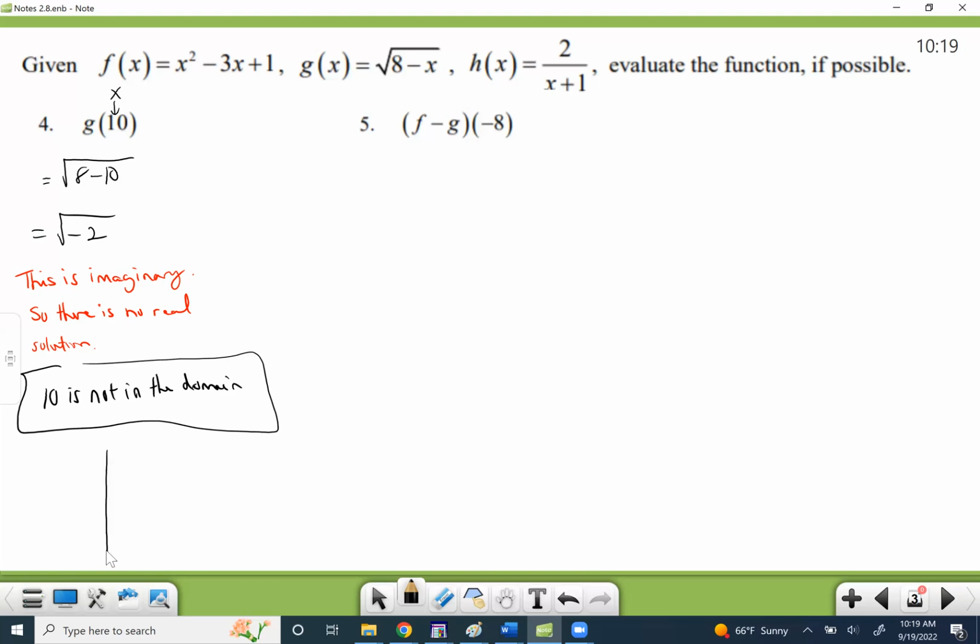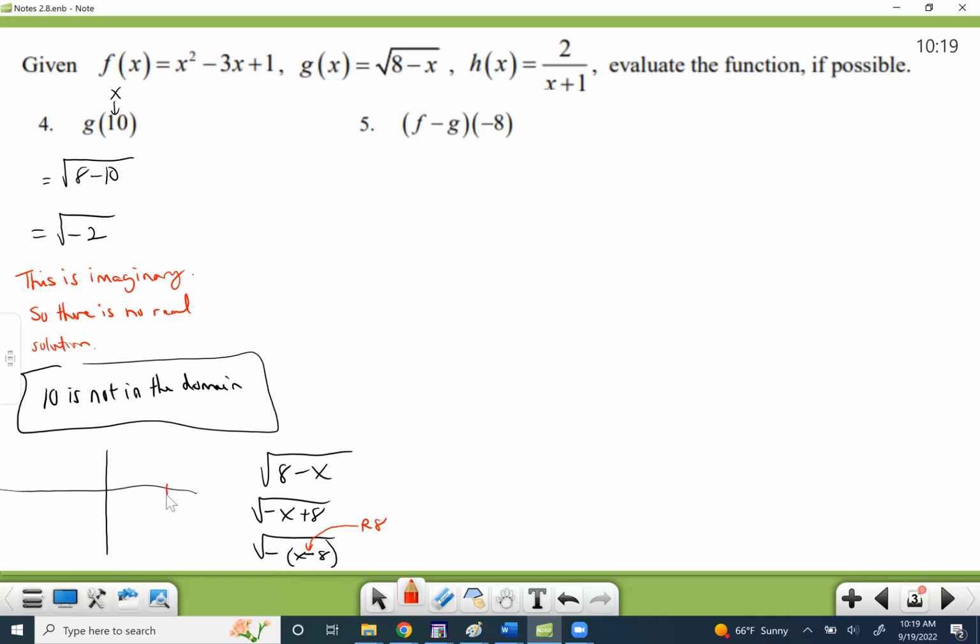The graph of this function, if you were to go online and graph it, well, we actually technically know, okay? If we were to take the square root of 8 minus x and rewrite it as negative x plus 8, and then factor out the negative, we know that this would shift to the right 8 spaces, right?